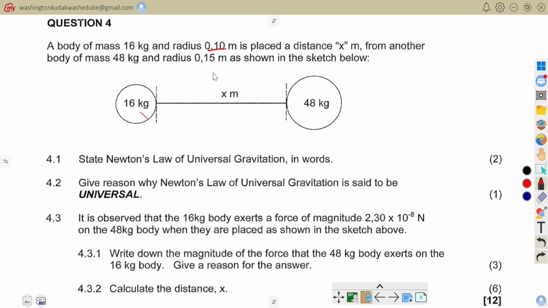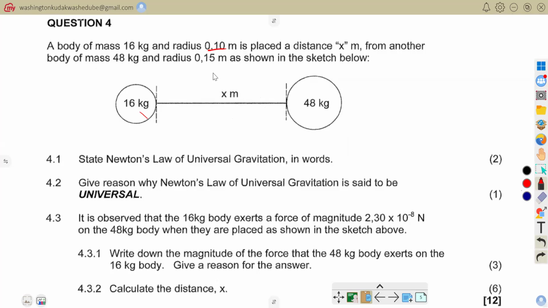Now they are saying state Newton's law of universal gravitation in words. You should remember that we have Newton's first law, which states that an object will remain in its state of rest unless there is a net resultant force acting upon it.